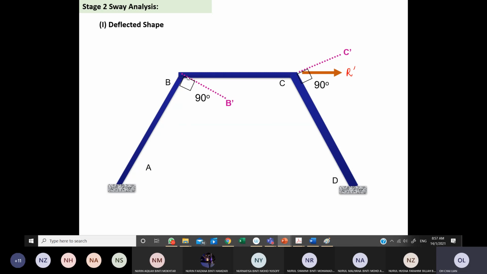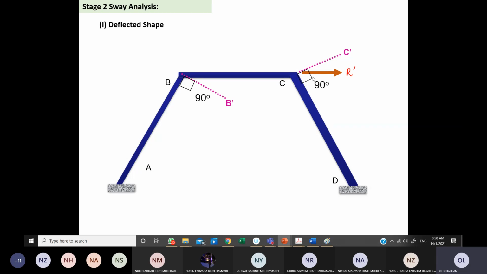This is just in a graphical form, to make sure you know the direction of B prime. Similarly for C prime, it must be going to the right, following the R prime direction, and it must be perpendicular.